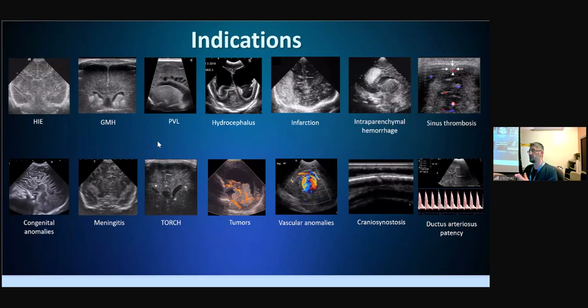There are many indications, as you can see here: HIE, hemorrhage, PVL, hydrocephalus, infarction, sinus thrombosis. You can make the diagnosis of congenital anomalies, infections, tumors, vascular anomalies, even craniosynostosis. You can even make the diagnosis of patent ductus arteriosus by looking at the cranial images.